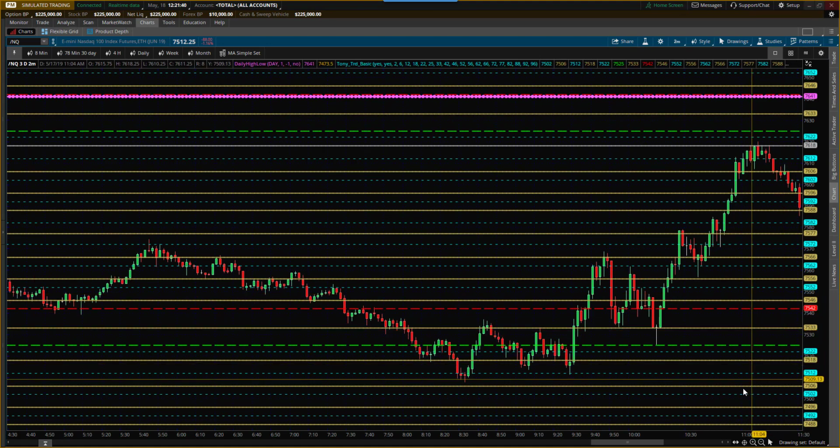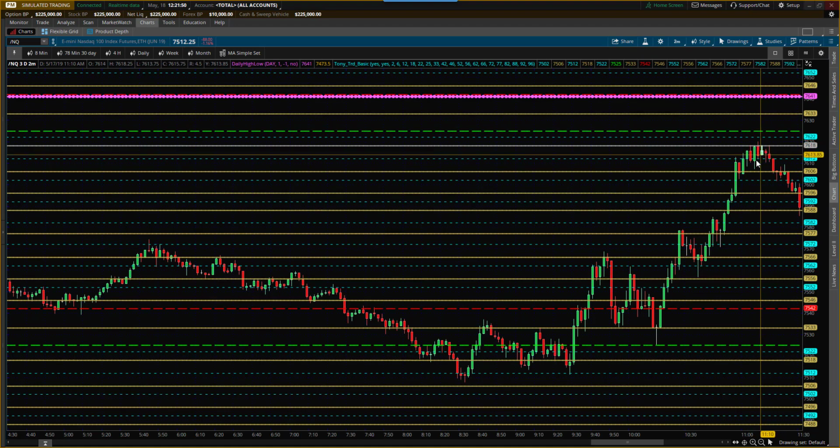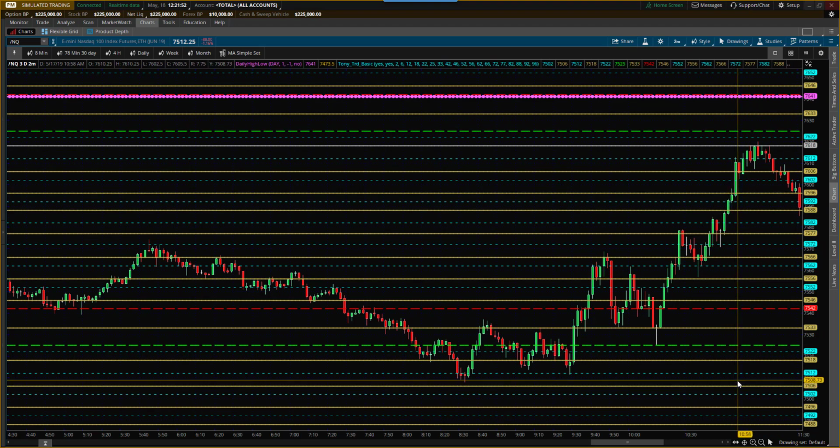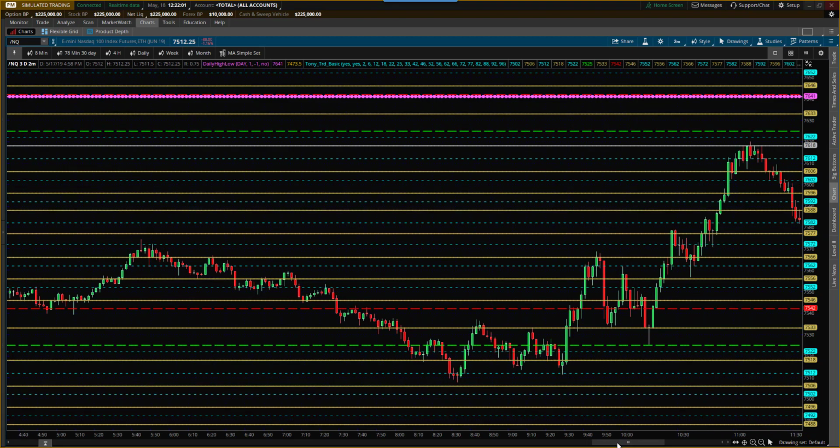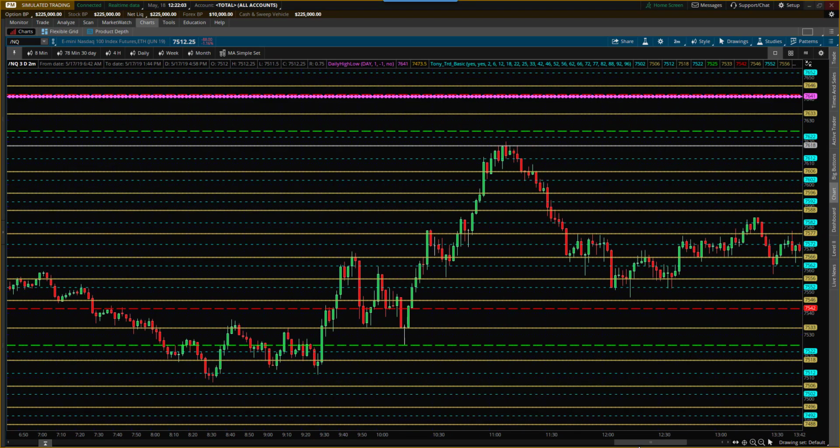You can see that price went from around 7,500 all the way up to 76.18 and all the way back down into 75s again. So look here, 75.18, 76.18. We made 100, and then we came right back down throughout the day. Right?